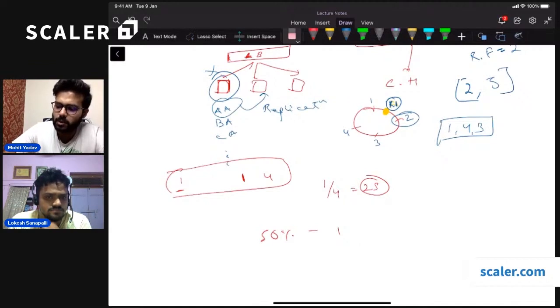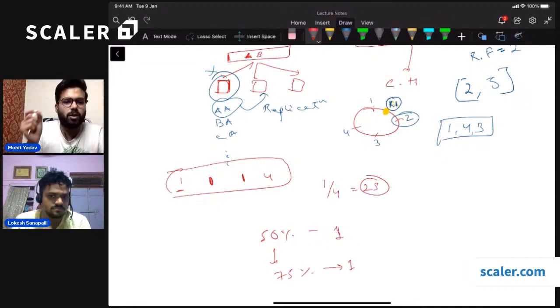Now let's remove one, and add one more one in the 4 numbers. The percentage now shoots to 75% chances of getting one, right? And this is the law of popularity.